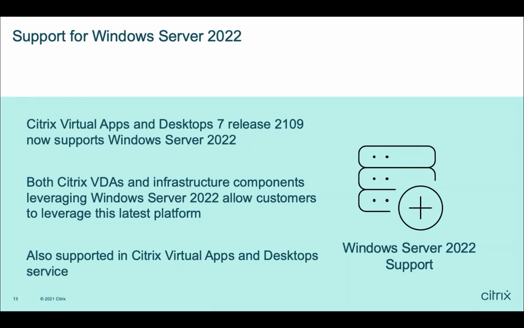So you can begin testing now. In the future, you know that you're safe and you're able to go ahead and do it. And you should be able to roll that into your current deployment with no issues there. So we're excited about offering that. And again, it promotes the fact that Citrix and Microsoft are continually working together and making it easier for our customers to leverage those unique services.